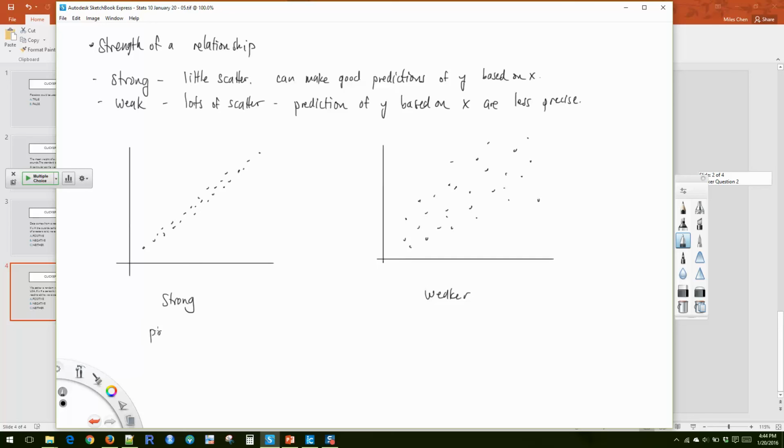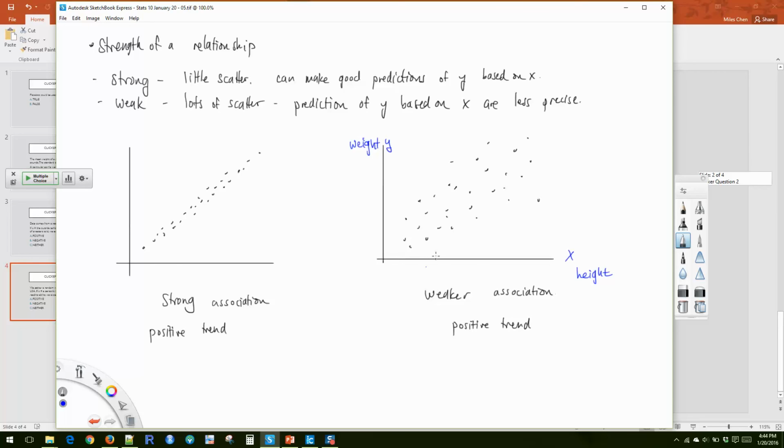This is a positive trend, and this also has a positive trend. But this we would say is a strong association and this a weaker association. Things that are very predictable, we can have strong or weak association. Some examples: we could take someone's height and use it to try to predict their weight, y.